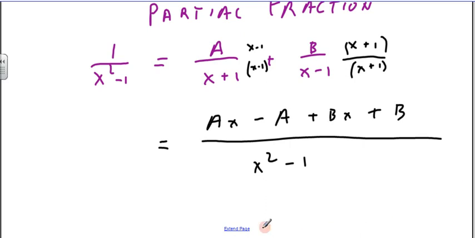And we see that, okay, well, on top, this thing, ax minus a plus bx plus b, has to equal the 1 that was on top. So I look at the x term, and that's a plus b. I don't have any x's, so it has to be 0.